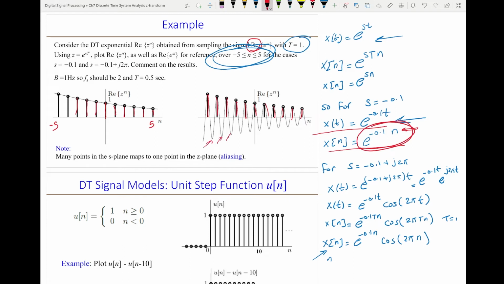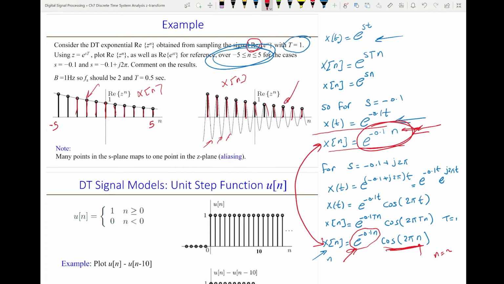So when I look at the samples x of n of this one and x of n of this one, they are exactly the same. It seems like the cosine has no impact, because no matter what n is, when n is 1, cosine 2π is 1. When n is 0, cosine 0 is 1. When n is 2, cosine of 2π times 2, that's 4π, is 1. So this will always be 1. So really, these two signals are the same, and that's why the plots came out the same.